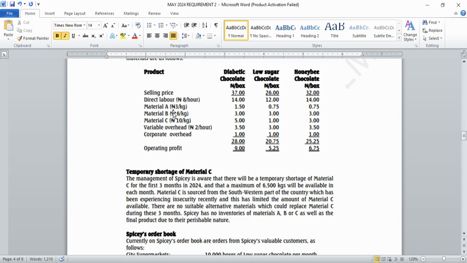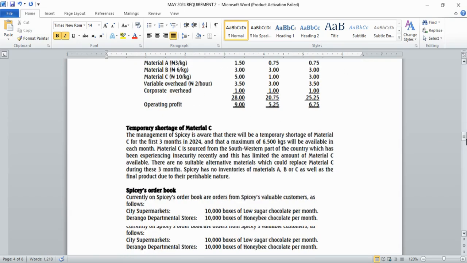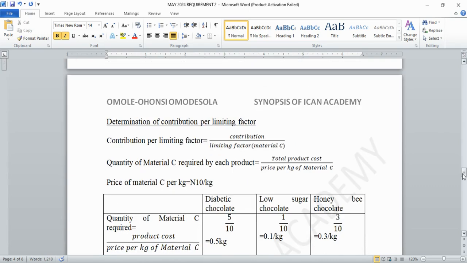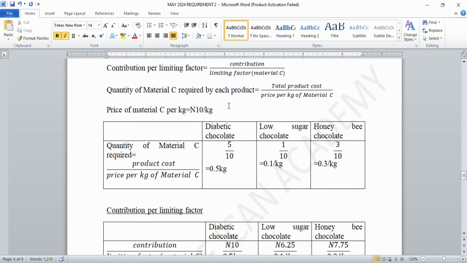So that means the quantity is 5. We need the quantity. That's the reason why, to get the quantity of material required by each product, we divide the product's cost, 15 naira, by the price per one, 10 naira, which gives us 5 biscuits, something like that.